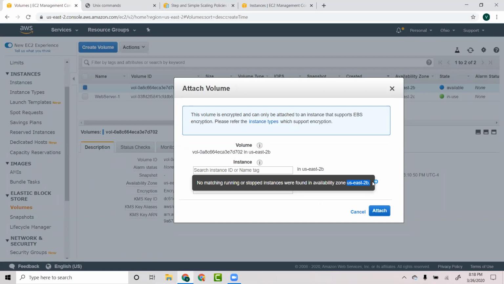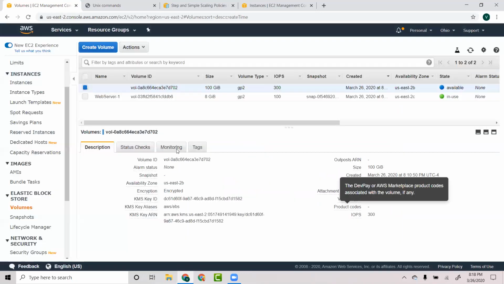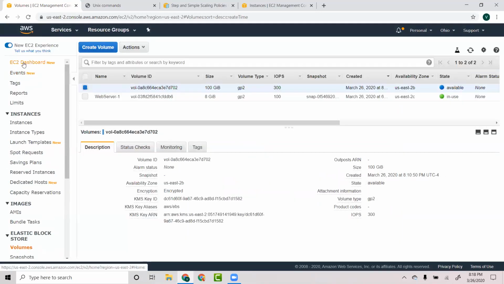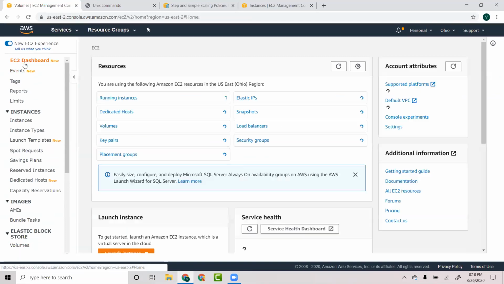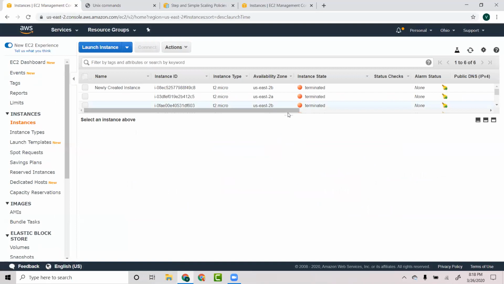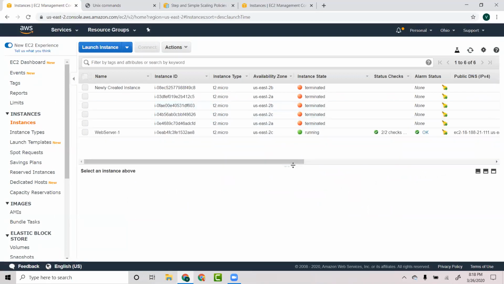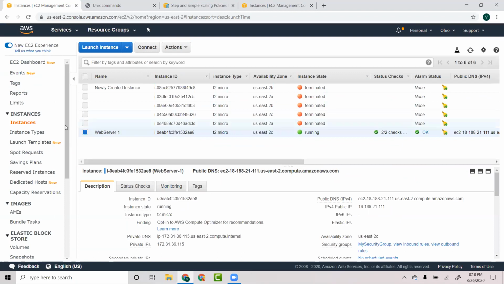Underline that 5 times. Does it make sense? Can I make it any clearer than that? So even though I have my EC2 instance running, since it is running in US East 2C, I was not able to attach that volume, because your EBS volume and your EC2 instance must be in the same availability zone.